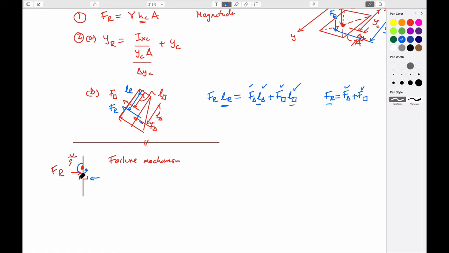And I guess in this particular case, this would open if the resultant fluid pressure force is acting above this hinge line. But you need to be able to examine things in the proper failure mechanism if you're doing that. Okay?